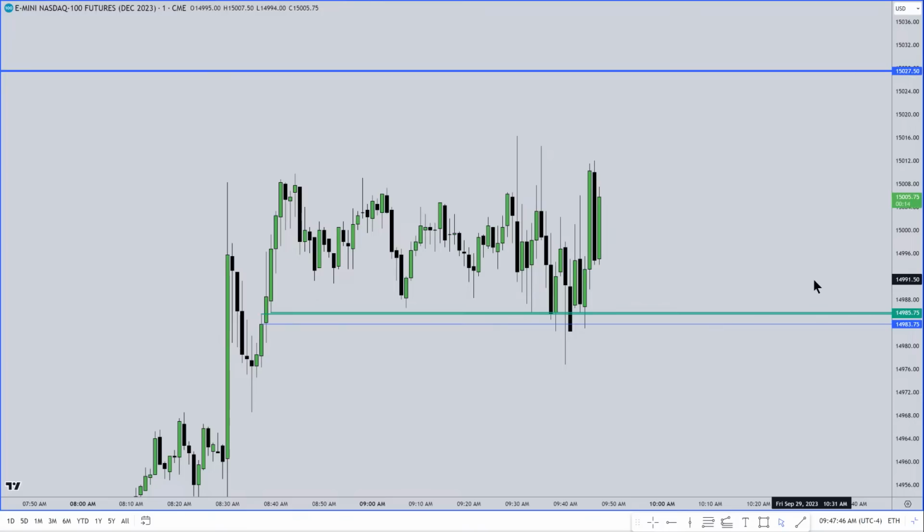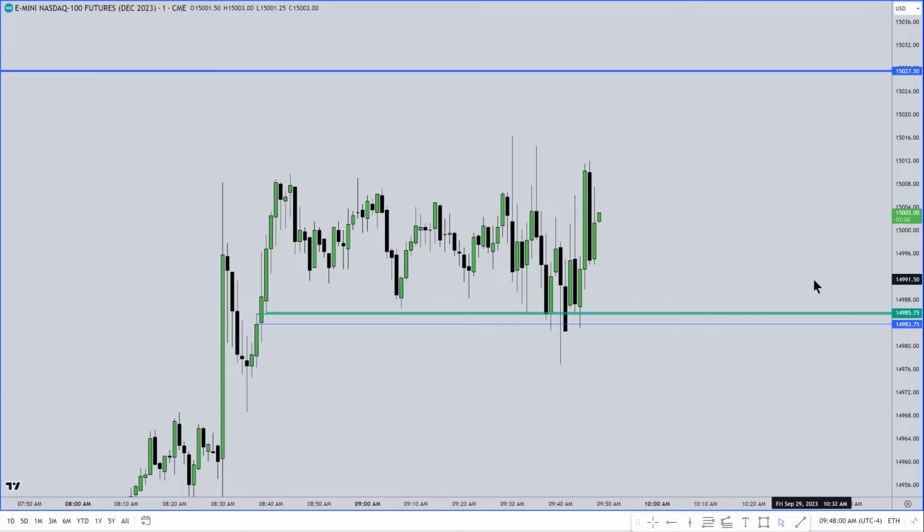All right, so just a little bit less than 12 minutes to go before we have that 10 o'clock news event. I'm going to break here because, as I said, I want to see it with my own observations. I believe we're going to go above the blue line, and then once we do that, I would like to see it take out the low of, what will this say here?